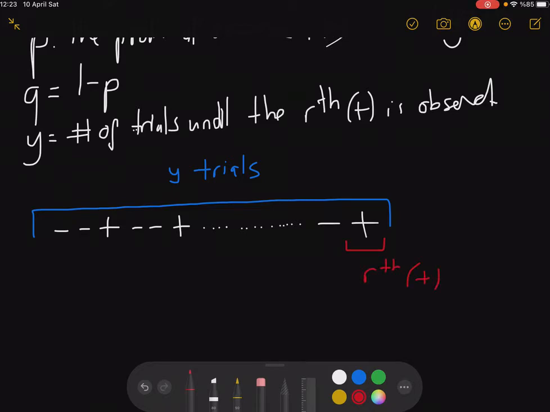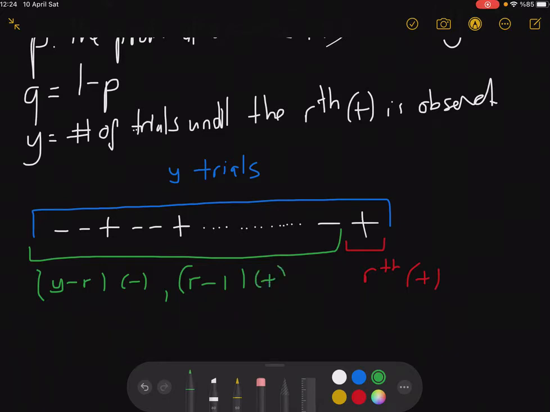What you will have up to this point is Y minus R negatives, and you will have R minus 1 positives here.